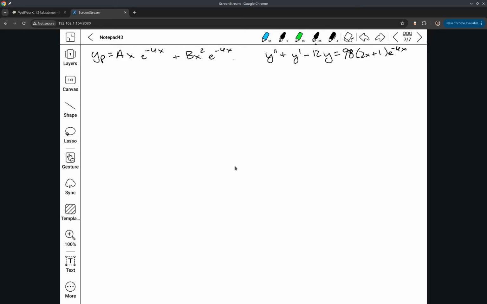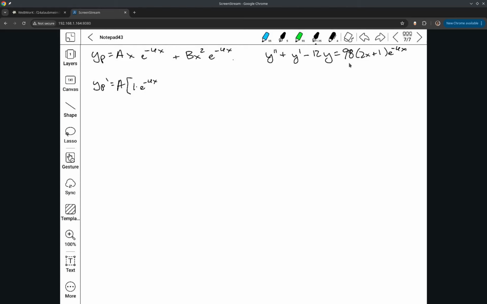All right, so my equation has y double prime and y prime in it, so I have to take my derivatives of yp if I'm going to plug it into this equation. So I just did with the product rule previously that the derivative of x e to minus 4x is 1 times e to minus 4x.